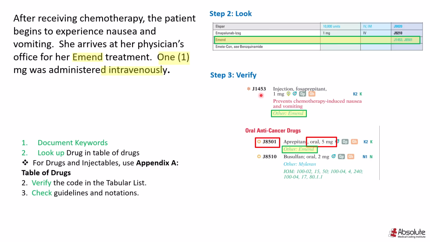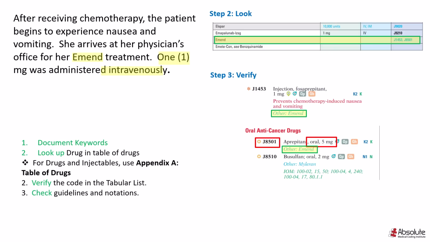All right, so J1453 says injection, 1 milligram. And intravenous is an injection, right? Yes. All of the routes that I've shown you pretty much are injections, with the exception of the last three. But an intravenous injection is an injection.